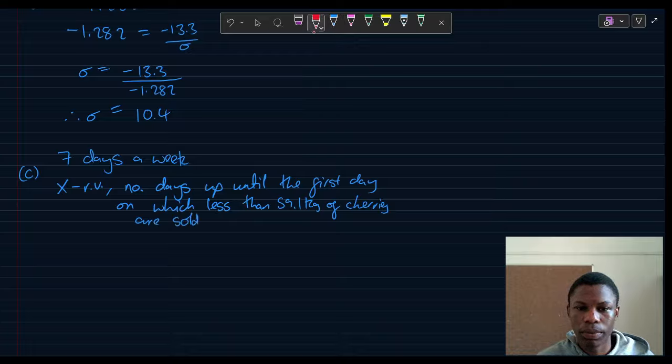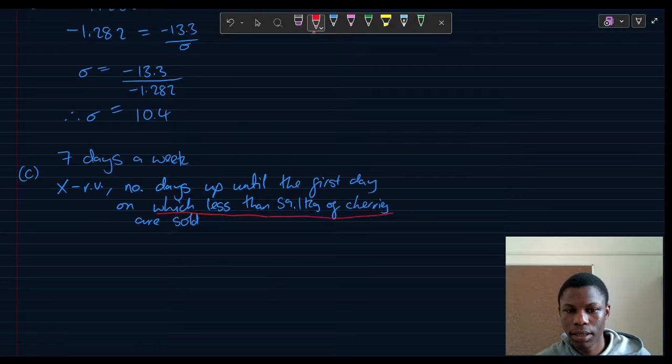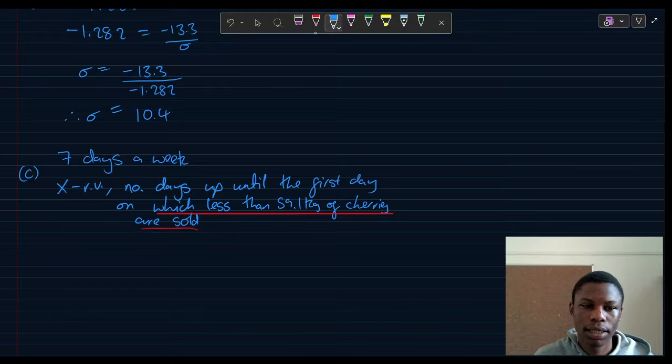So now this part here is just defining our success. So our success is the probability of getting a day with less than 59.1 kgs of cherries.